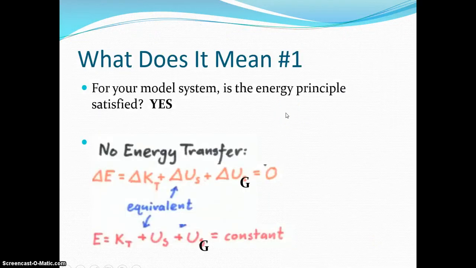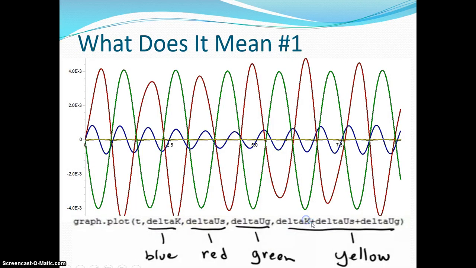So what does this all mean? For our model, is the energy principle satisfied? Well, yes. This is satisfied because when we graph all of our changes in energies, we see that here our delta K, which is the blue, our delta Us, our delta Ug, you can see the corresponding colors.